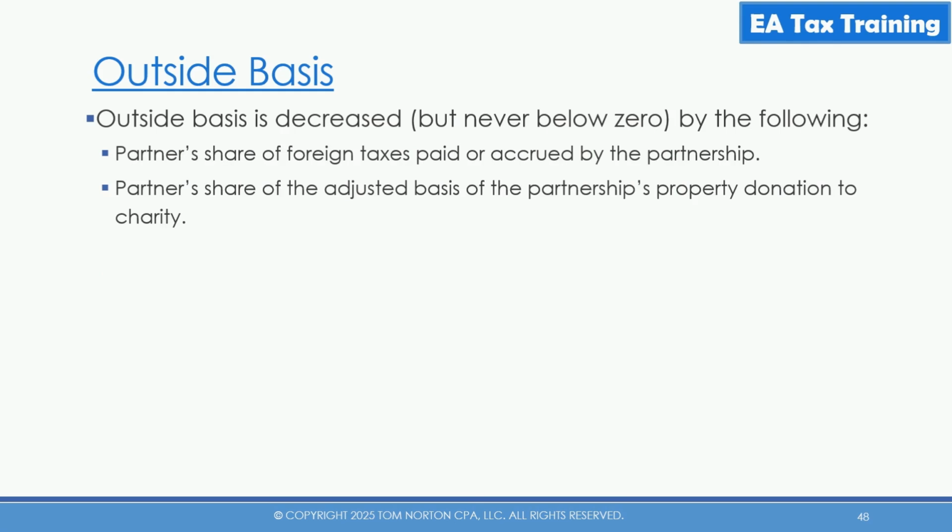Also decreasing outside basis are the partner's share of foreign taxes paid or accrued by the partnership and the partner's share of the adjusted basis of the partnership's property donated to charity. So if the partnership donates something other than money to a charity, then the adjusted basis of that property will decrease the outside basis of the partners.